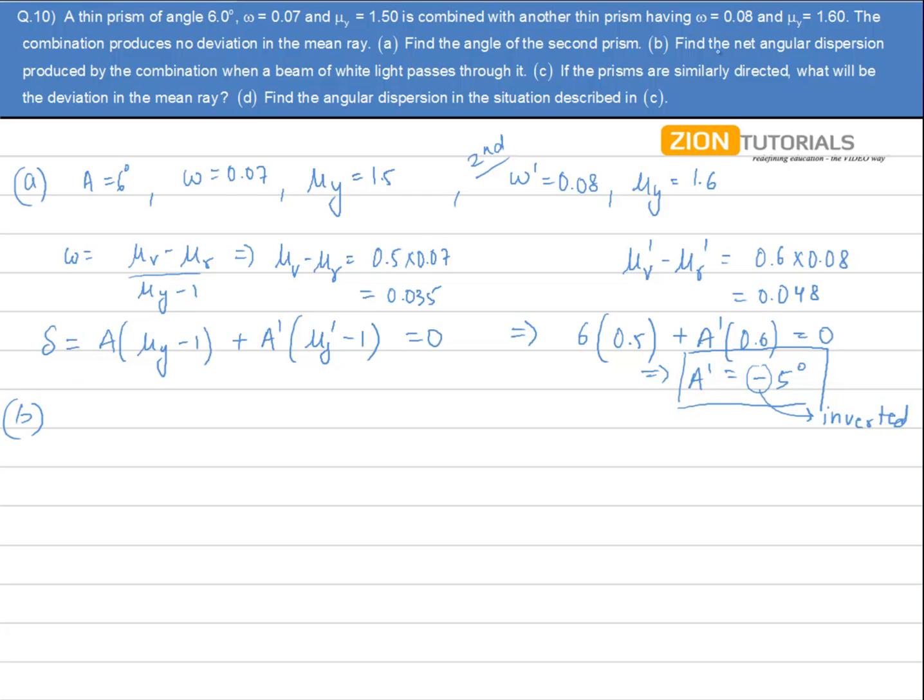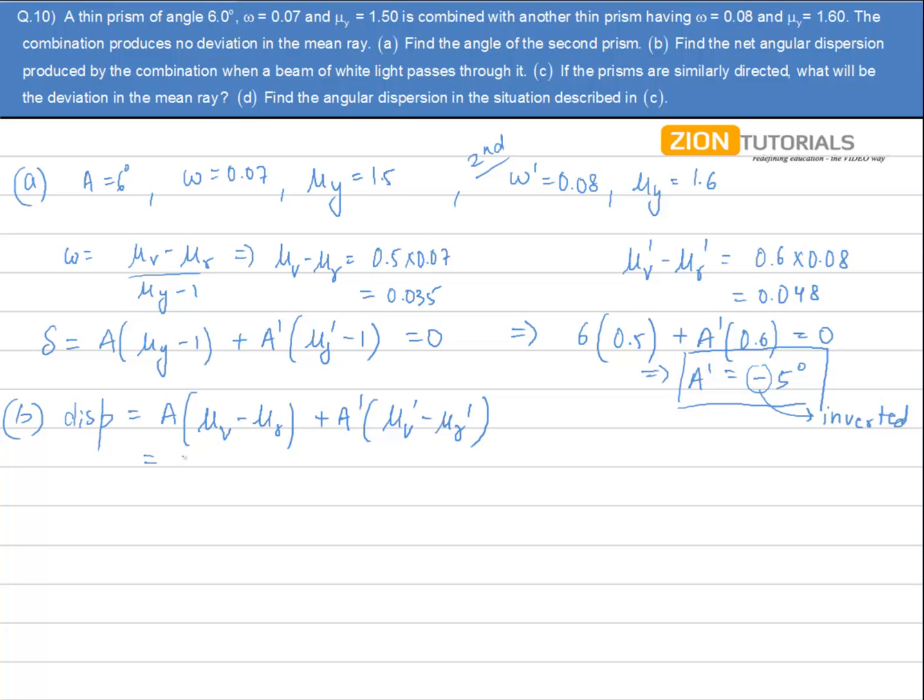The second, find the net dispersion produced by the combination when a beam of white light passes through it. Now what is the dispersion? Dispersion is given by A into mu v minus mu r plus A dash into mu v dash minus mu r dash, right?